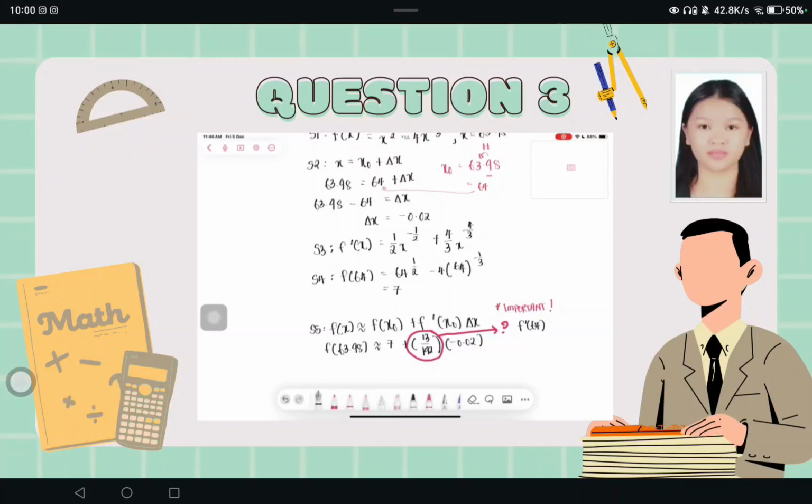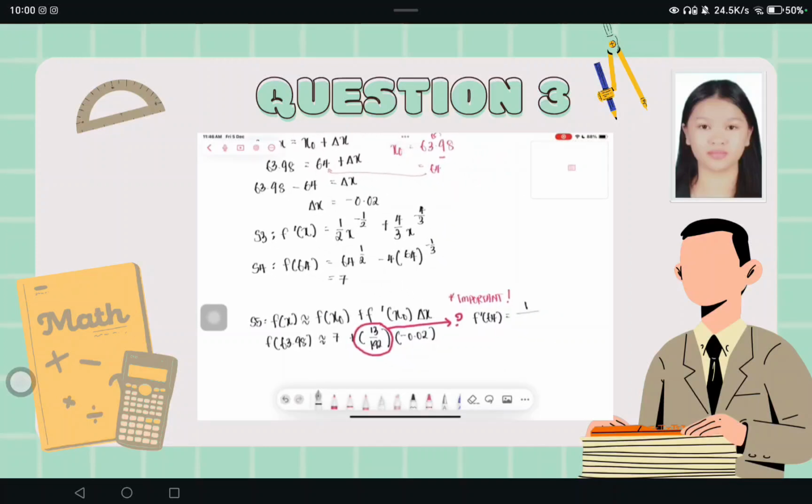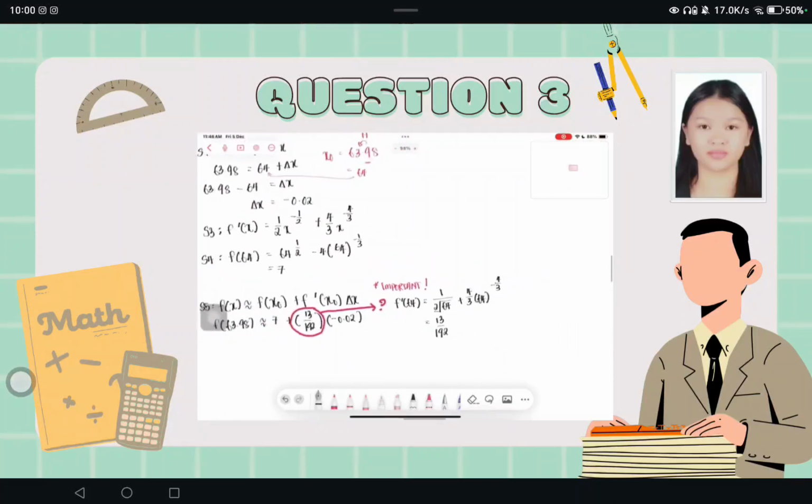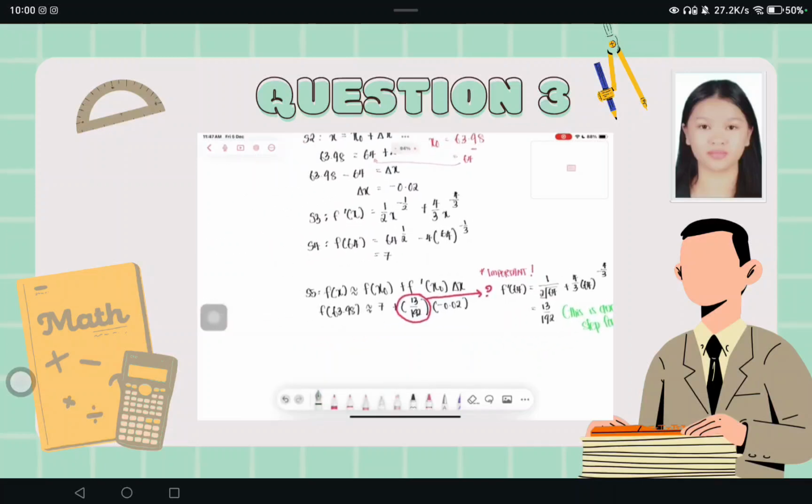So make sure before you submit your paper, double check your solution. So I will show you how to calculate f prime of x new. Remember to get your answer correct to 3 decimal places.